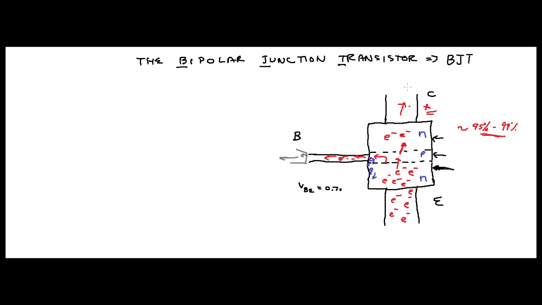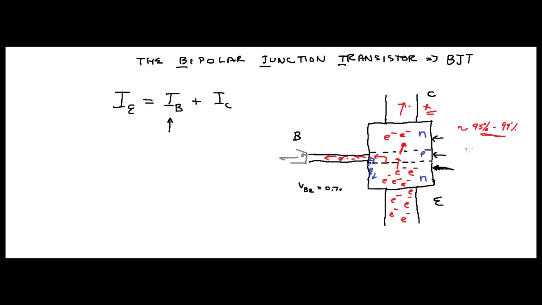So one thing to think about here is your current. We have IE, your emitter current, is going to equal your base current plus your collector current, all right? And we just said the base current is very small, right?